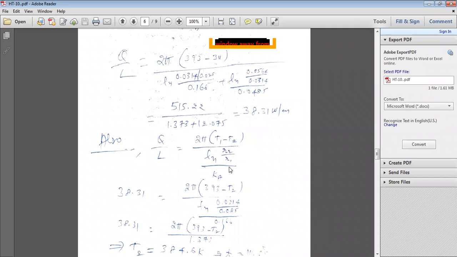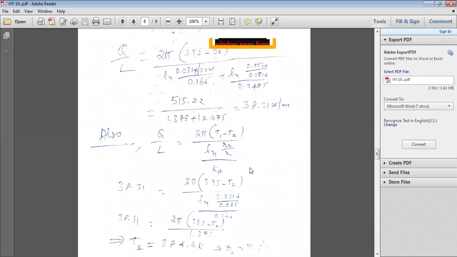If you consider the asbestos, Q by L is equal to 2 pi T1 minus T2 divided by Ln R2 by R1 divided by Ka, the thermal conductivity of the asbestos. Instead, you can take the fiberglass: Q by L is equal to 2 pi T2 minus T3 divided by Ln R3 by R2 divided by Kb, the thermal conductivity of the fiberglass. You can take either of the equations.